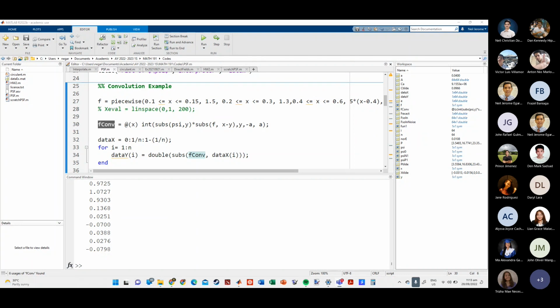Yun nga lang, dahil itong integral na to, ang gagawin ni Matlab, i-compute niya yan ng eksakto. So symbolically niya yan i-compute. It will try its best to find that integral. And our integrand is not very simple. So medyo matatagalan siyang i-compute yung f convolution. Okay?